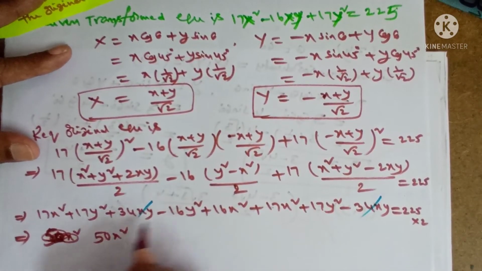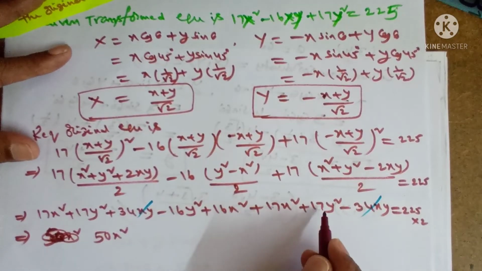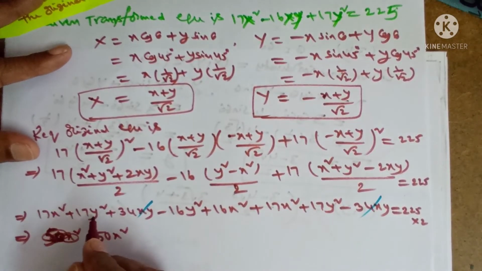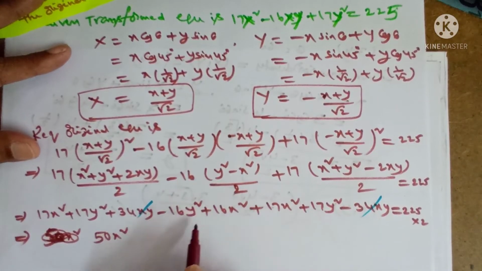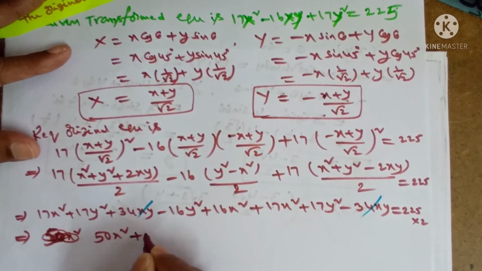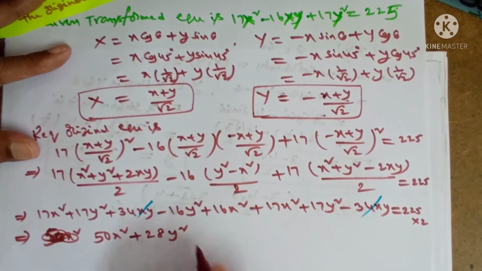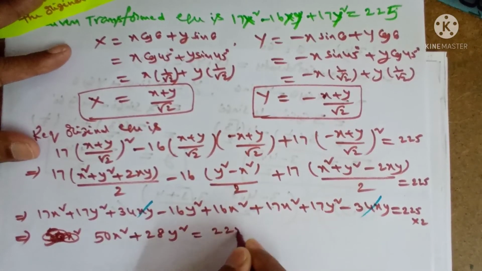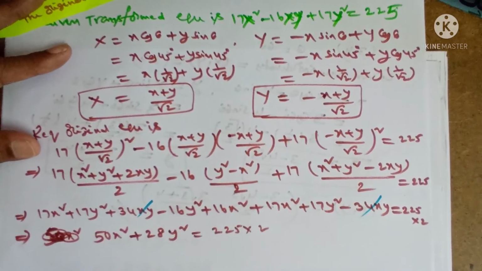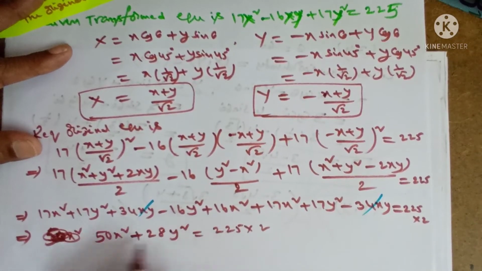Now y square terms: this is 17y square, 17, 34, this is 17, 17, 17, 34, 34 minus 16, 18y square. So this is equal to 225 into 2. Now take 2 common here.